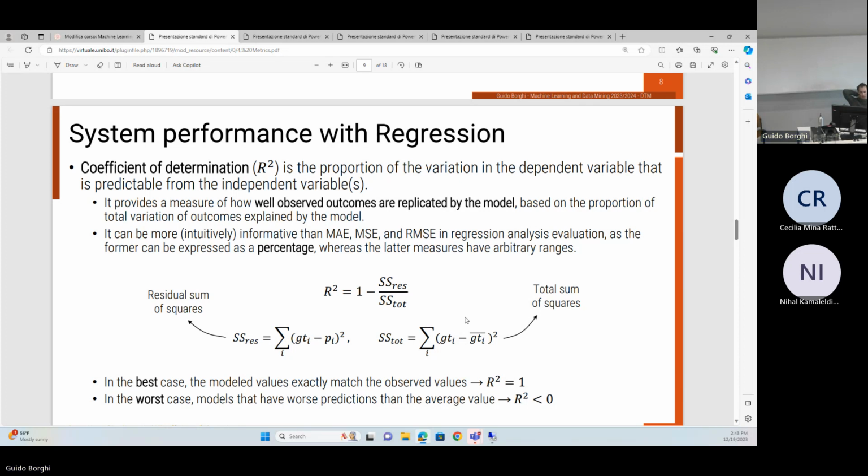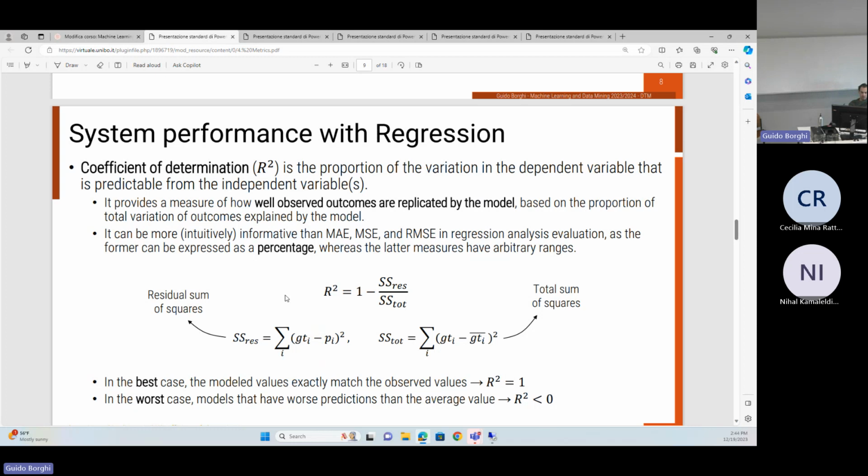And why do we introduce this metric? Usually it can be more informative than the other error-based metrics, since the final number of this metric is expressed as a percentage. So it's easier to understand the meaning of the output of this metric.